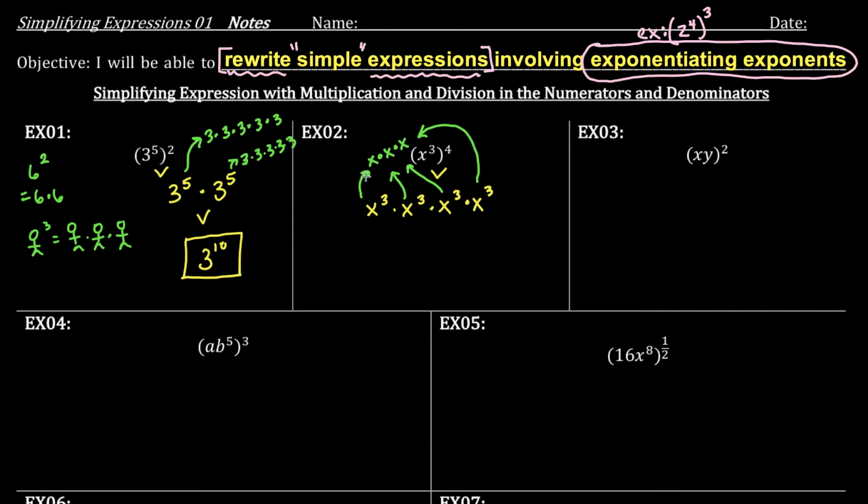So if we do that, it's x multiplied twelve times. So in reality, all of these give you x to the power of 12, or we're multiplying x 12 times. This is x to the 12th power.